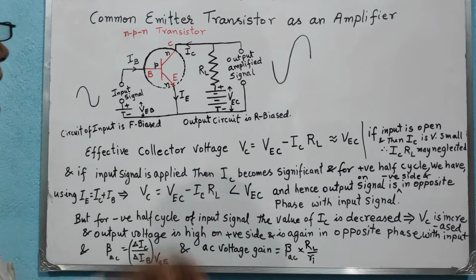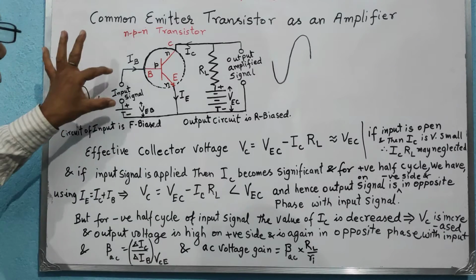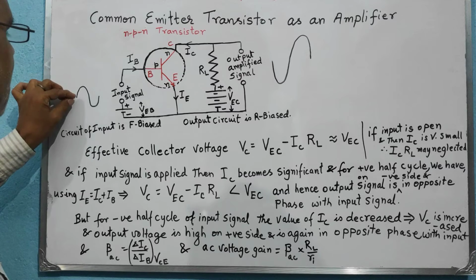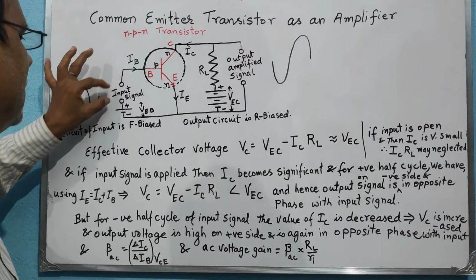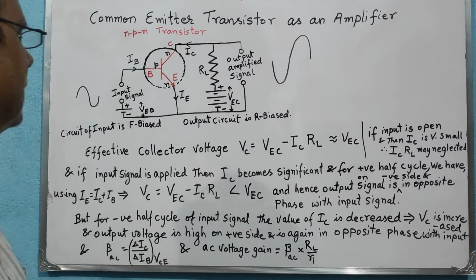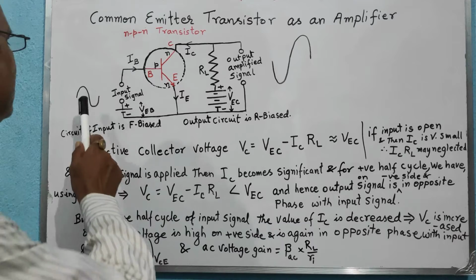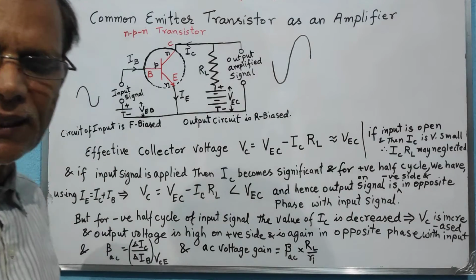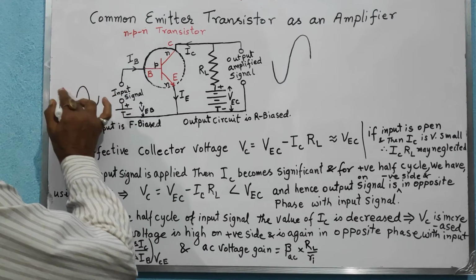Now we consider that we have applied the input signal, meaning the input circuit is now complete, and some varying voltage is applied as an input signal to this junction. Then we have two situations. One is the situation in which the wave is in its positive half cycle.